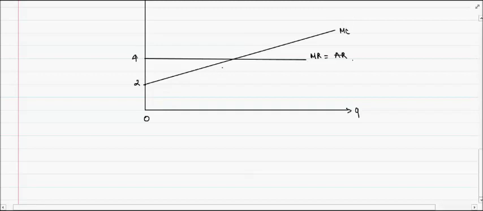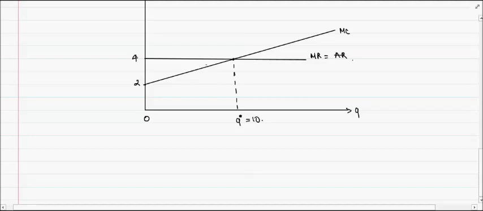The intersection between marginal revenue and marginal cost gives me the profit maximizing level of output, which is over here, where the quantity Q star is equal to 10. It's asking you to indicate the total cost of the profit maximizing output.